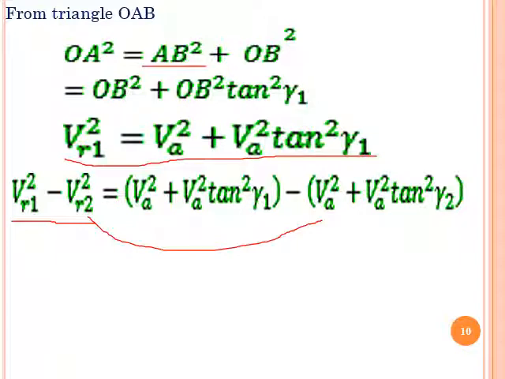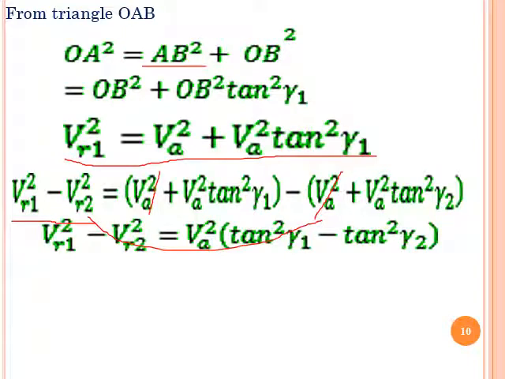Now open up these brackets. At that time the V of A square minus V of A square get cancelled. So now VR1 square minus VR2 square is equal to V of A square tan square gamma 1 minus V of A square tan square gamma 2.